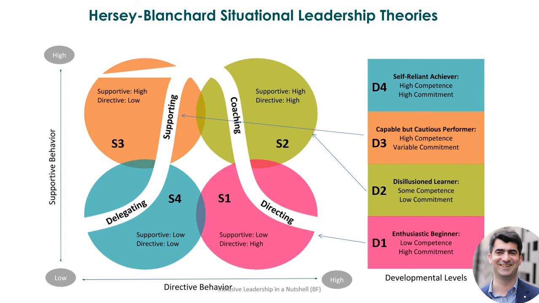If the team members are on the D3 level, as they develop their skills, they no longer need to be told what to do, but they can completely operate on their own. So you can use the supporting style of leadership in this case.